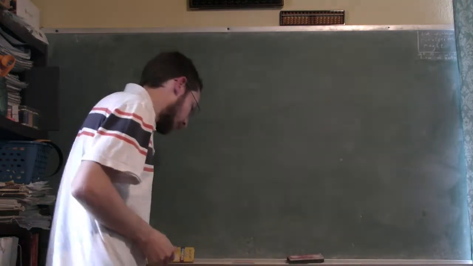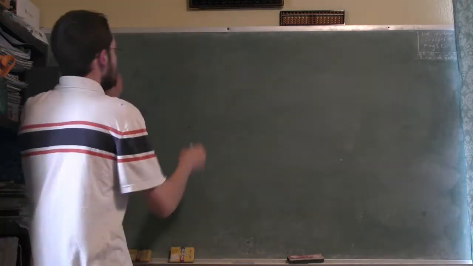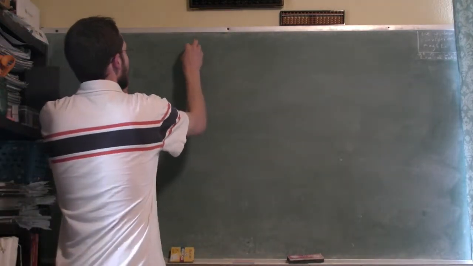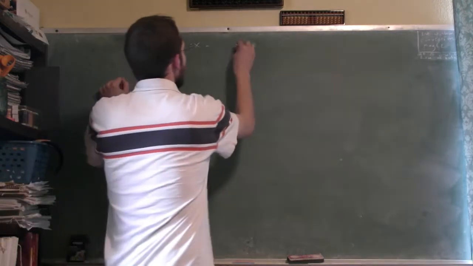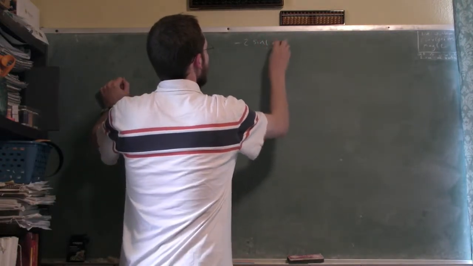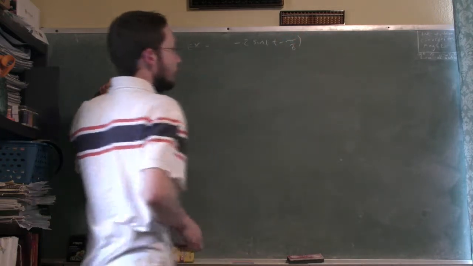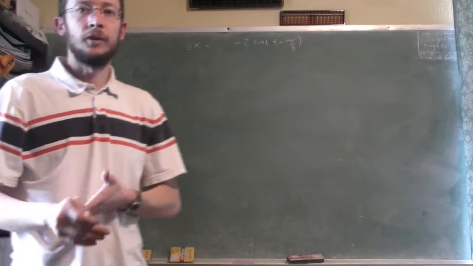So let's take a look at an example. Let's do negative 2 sine of (t minus pi over 6). We're going to graph this trig function.